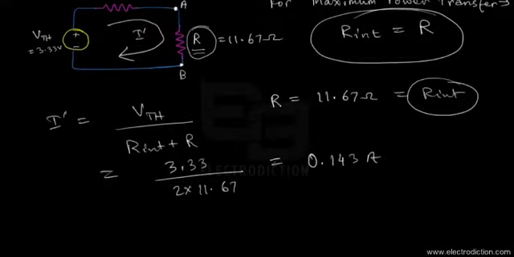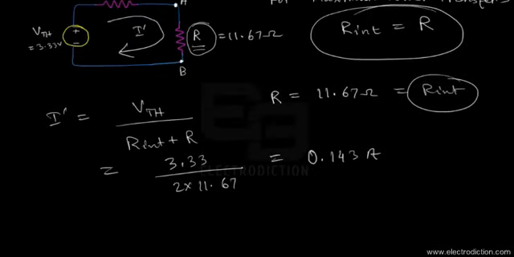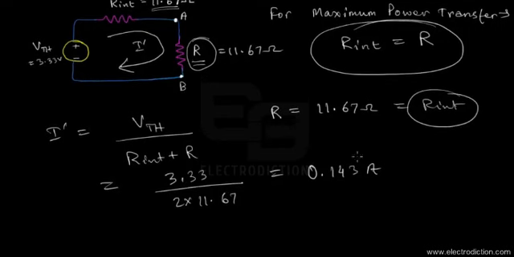Let's just pull the page down a bit so that you can see the diagram as well. Now if we need to find out the power dissipation across R, I'll write it down as PR.